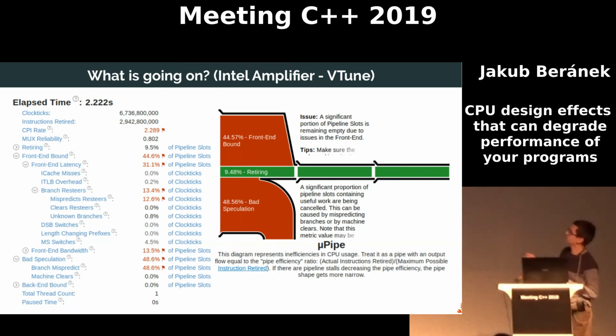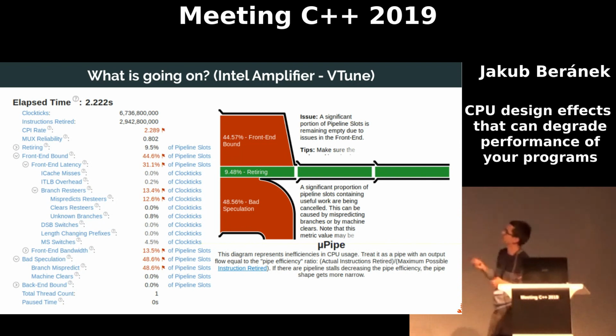It also gives you this pretty nice graph, which shows that half of my performance is going down the drain because of something called bad speculation. Okay, I might not know what that is. It also tells me that it is front-end bound, so probably I should look at the front-end part of the microarchitecture, which was shown in red before.